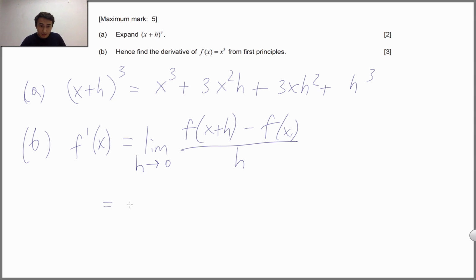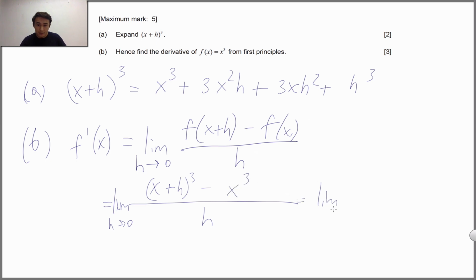Right? And then we have h on the bottom. Obviously there is a limit here, limit as h goes to 0. Instead of f(x plus h), we can write (x plus h) cubed, minus, instead of f(x), x cubed.